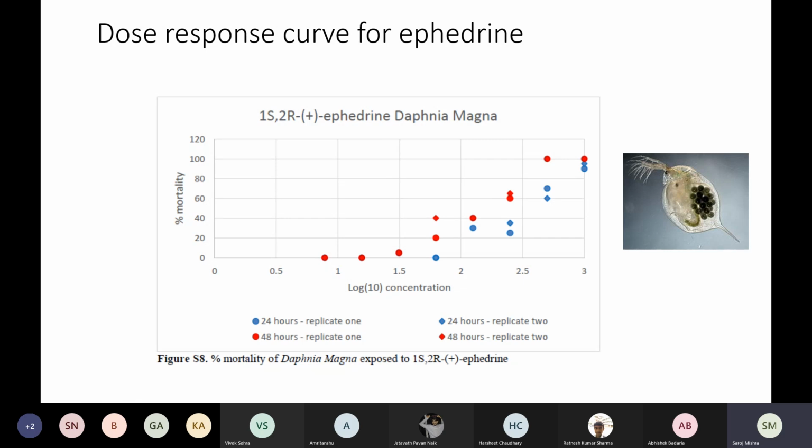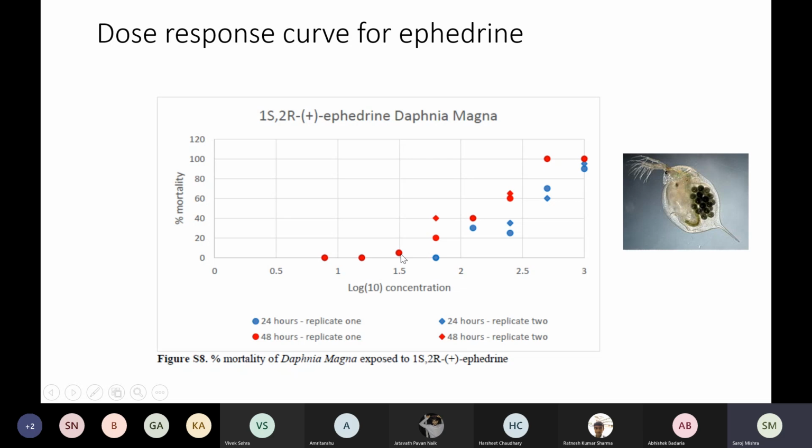If you start out with 20 or 50 such insects, once you expose them to these different concentrations, incubated for 24 hours or 48 hours, you look at how many of them have died. In this case, at this concentration the percent mortality is 0, even at this level the percent mortality is 0.